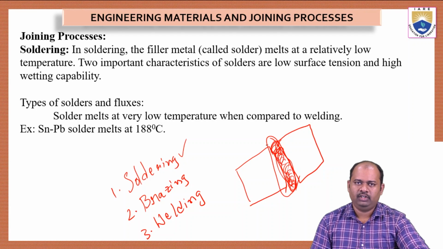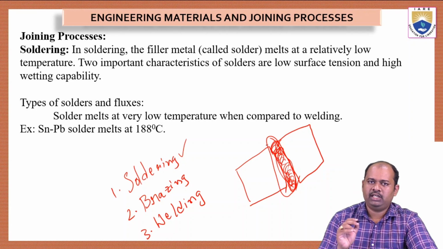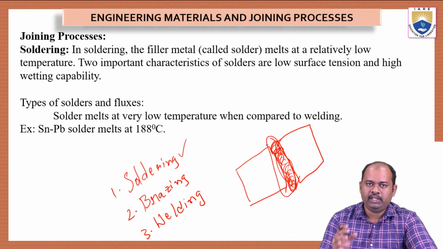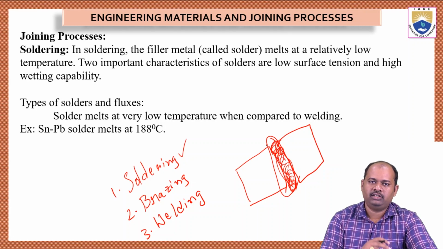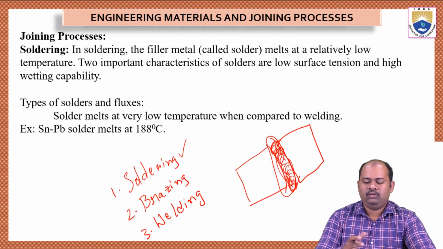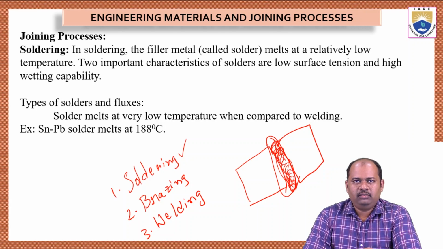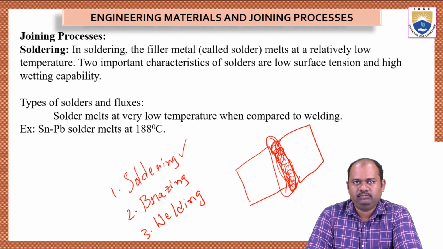The filler rod is a meltable material which melts by the heat and forms a joint between the two bodies. In the soldering process, this filler rod melts at a lower temperature. That is why it is called the soldering technique.